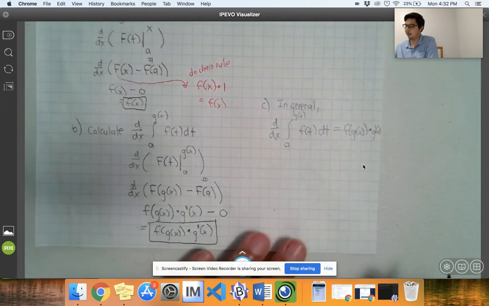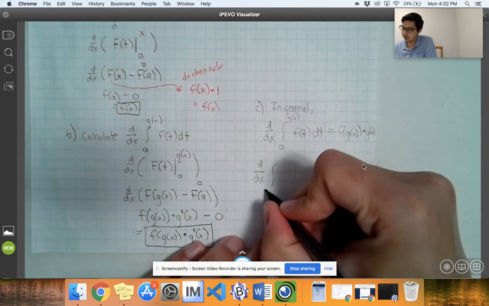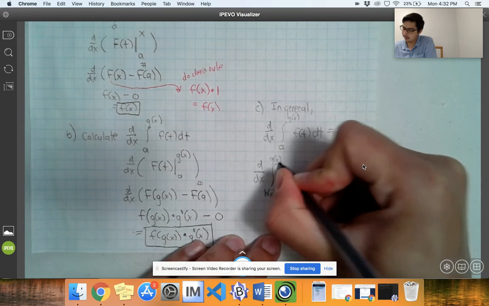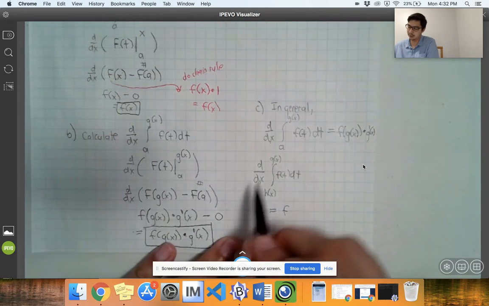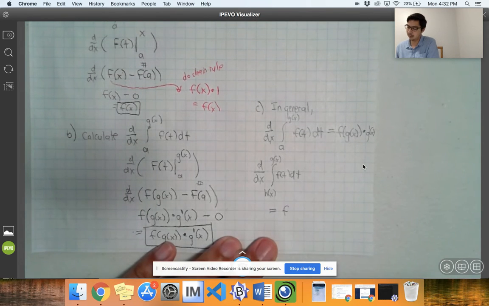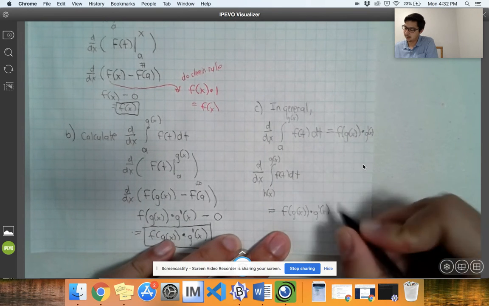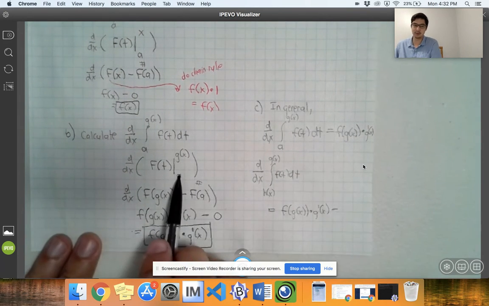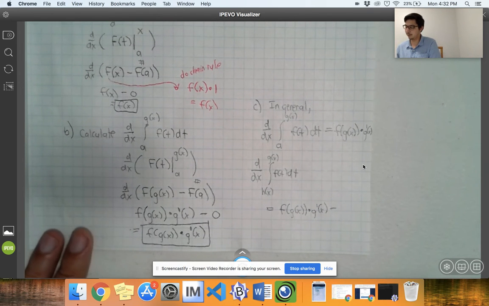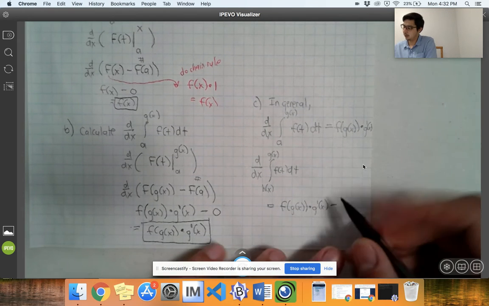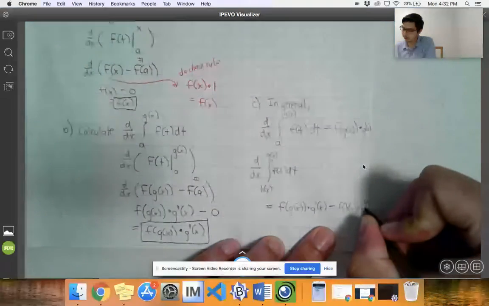All right. And furthermore, if the bottom was a function too, so say it was h of x to g of x of a function f of t dt, well, what that would equal is the same function f, because the derivatives and integrals cancel each other out, evaluated at g of x, times the derivative of the inside there, minus, well, you would have had to plug in h of x as the lower bound, which is f of h of x, leaving that alone, times the derivative of that, which is h prime of x.